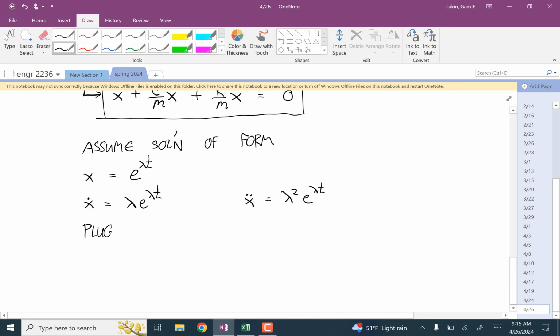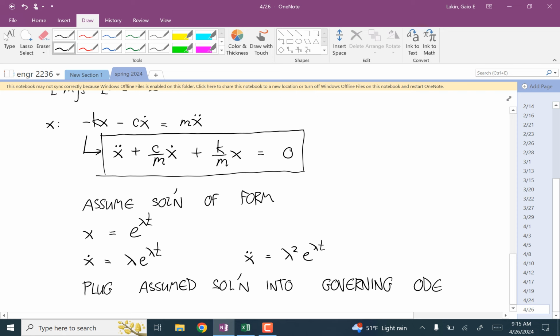So we're going to plug this assumed solution into the governing ODE. And this is the governing ODE for damped oscillation.